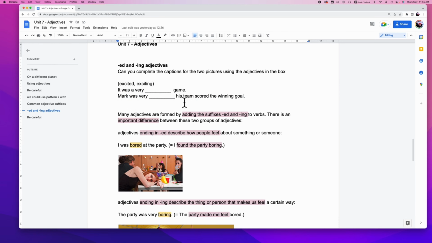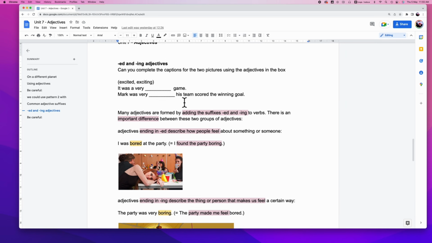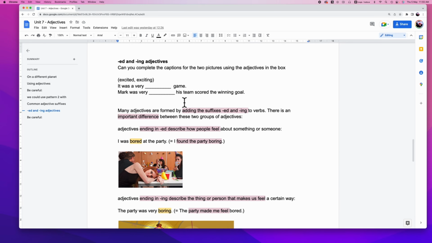His team scored the winning goal. In order to answer this properly, we have to take a look at the following explanation. This is really important because ed adjectives and ing adjectives are commonly used in most sentences. So let's take a deeper look.